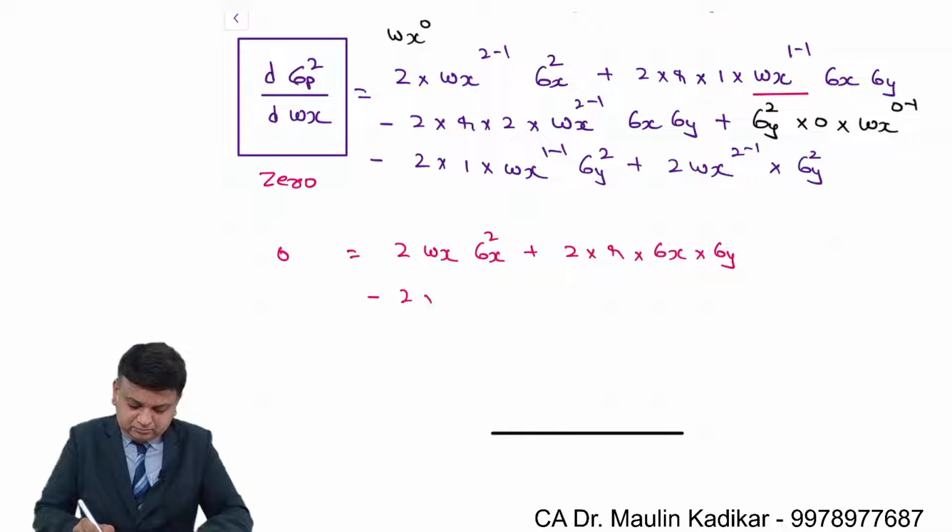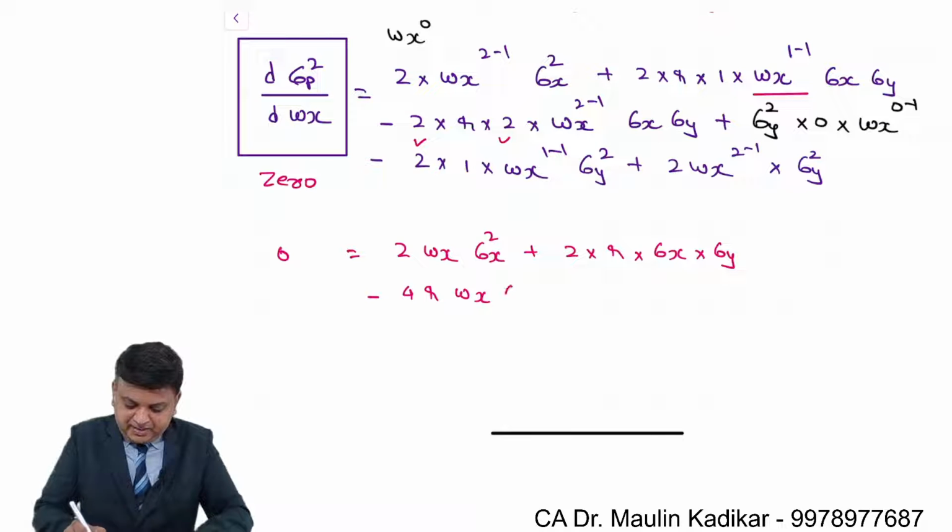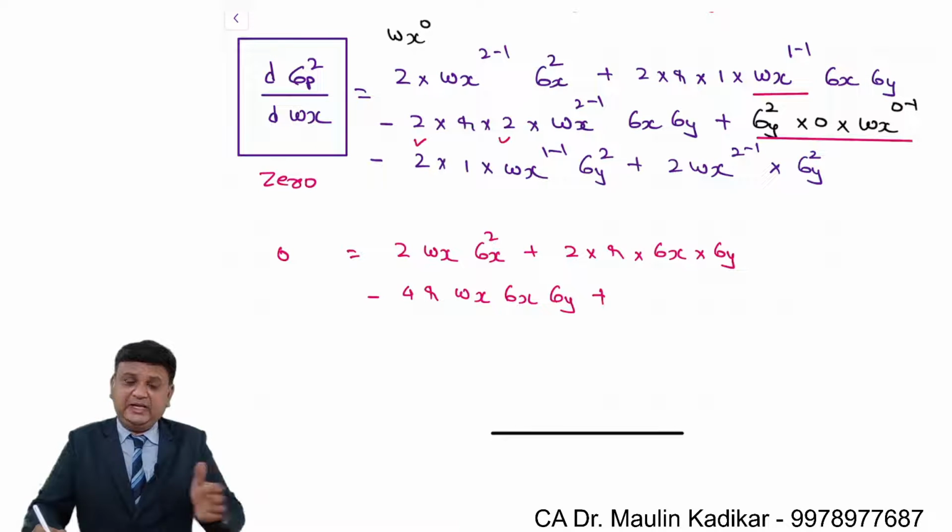Minus 2 into, sorry, this 2 into 2, 4 into r into wx raised to 1, okay, 2 minus 1 is 1, into standard deviation x into standard deviation y. Plus this entire element will go down to 0, because anything multiplying with 0 will become 0.